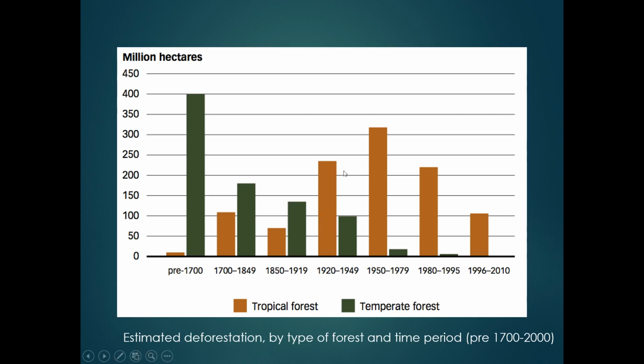But this also reflects an increasing population in tropical forest regions where overpopulation is forcing people into forest regions. They're encouraged to cut down, burn down the forests in order to establish small farms where they can try to produce food for themselves. But that too, of course, is decreasing through time.